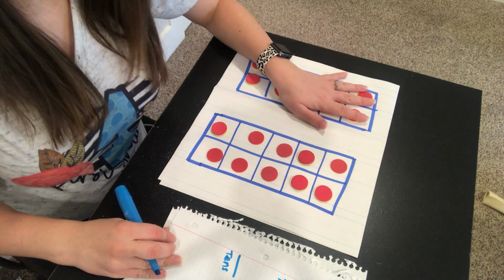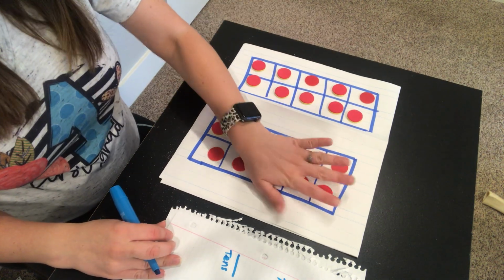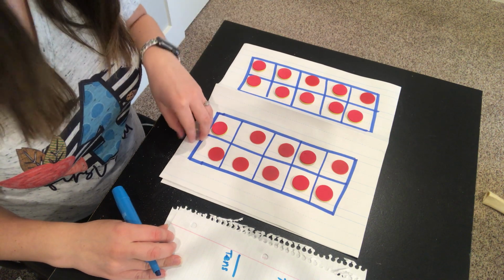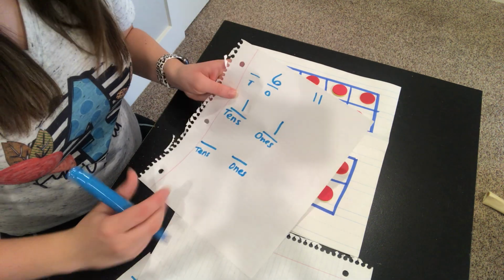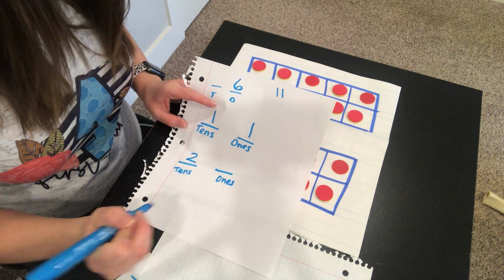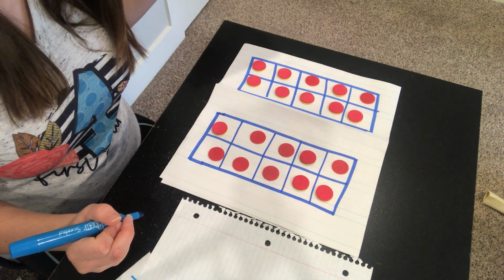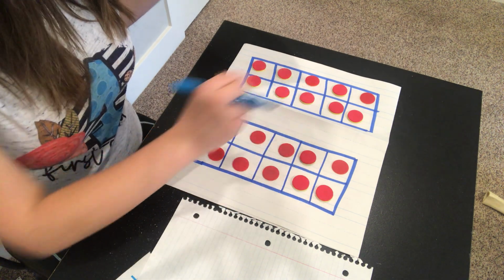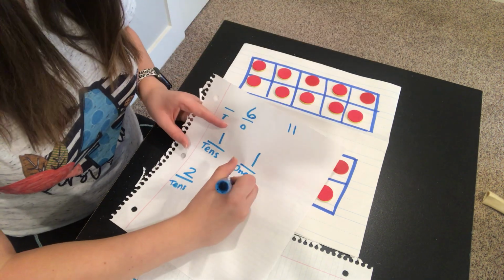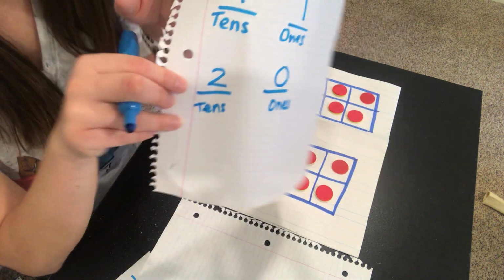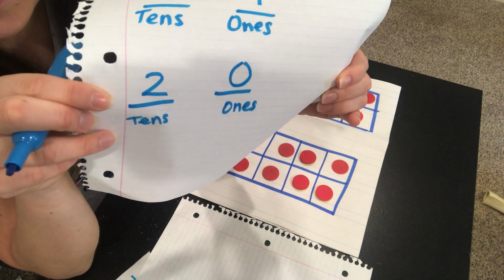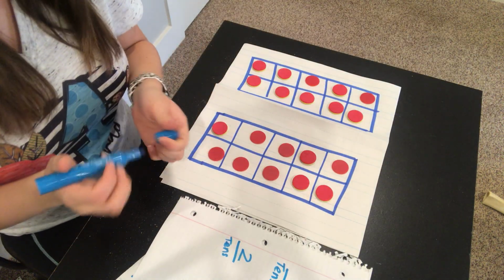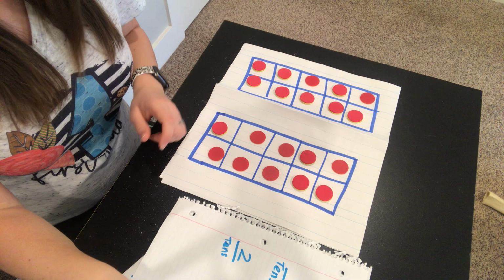Well, there's a whole 10 frame here, and there's a whole 10 frame here. So how many tens is that? 1 ten, 2 tens. So in 20, we have 2 tens. How many extra ones? There are no extra ones because all of them are a part of a full 10 frame. So there are 0 ones. So 20 in standard form is written 2 0. Remember, standard form is the usual way we see the number.